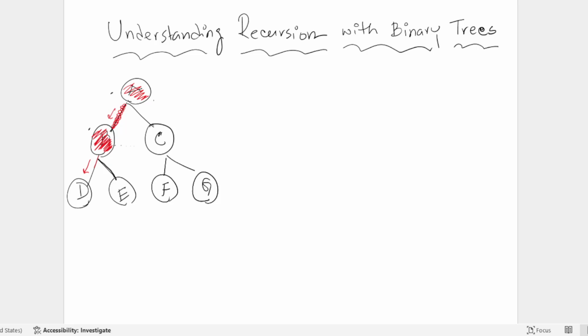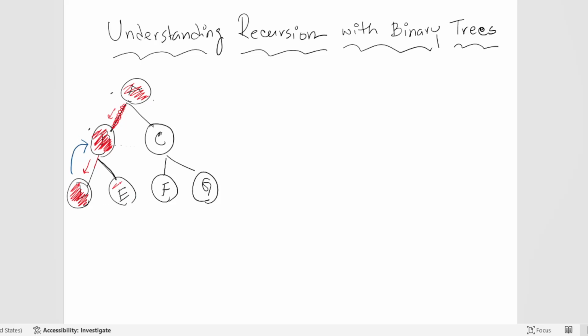So I am moving from B to D, not E. And let's give D a color, and that's red. Now D does not have any children. So what we can do is go back to B and then again move to the right of B, and that's E.